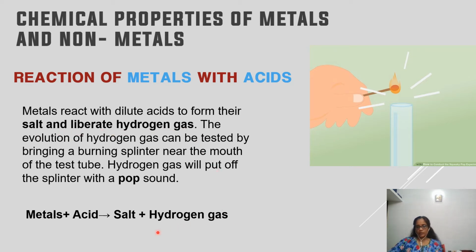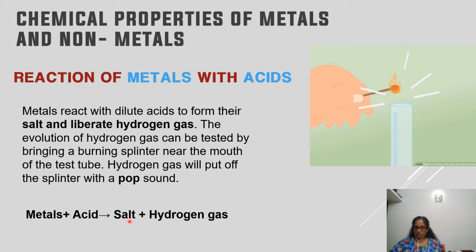So I wrote the equation here. Just see this only, because there are many things to study, but no need to study them in this class. You will learn that in higher classes. Now you just see: metal plus acid gives salt plus hydrogen gas. And what is the salt?